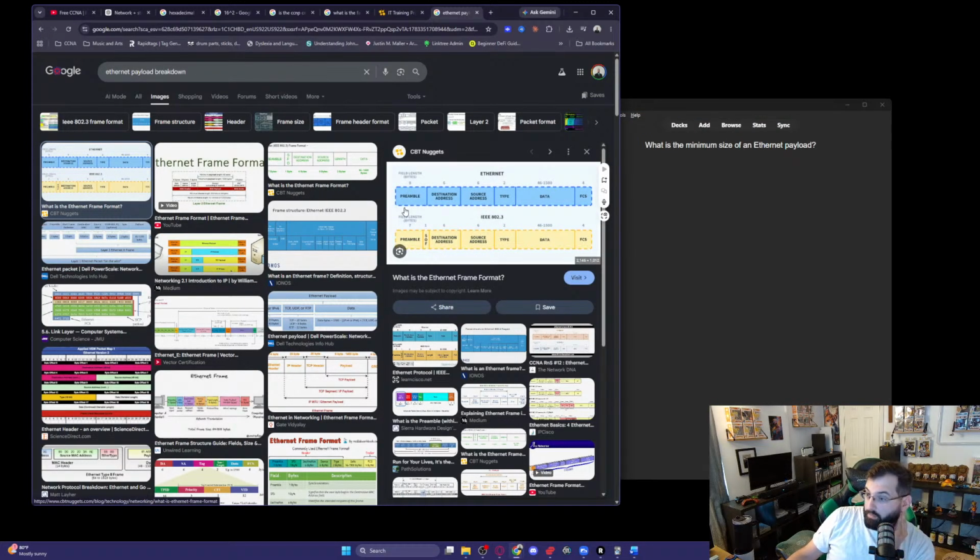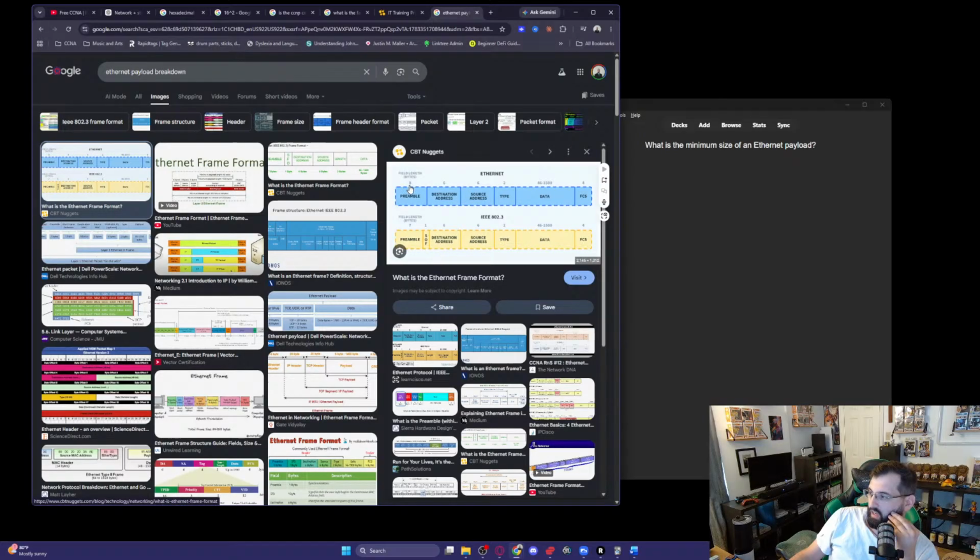Okay, so we have the Ethernet payload breakdown. We have preamble, the destination address, the source address, the type, the data, and the FCS. Okay. Hey, look! It's from CBT Nuggets. So then, what is the minimum size?